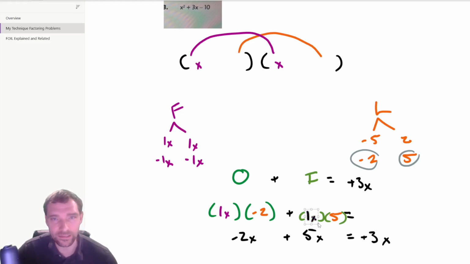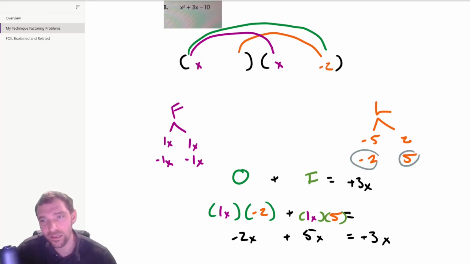And then you can imagine that we've got, that kind of messed up the color there. You could imagine now that it doesn't really matter which one is which because you've got the x's here, but to match our terminology that we used, the outside was the one with the -2, and the inside was when we had a 5 there.